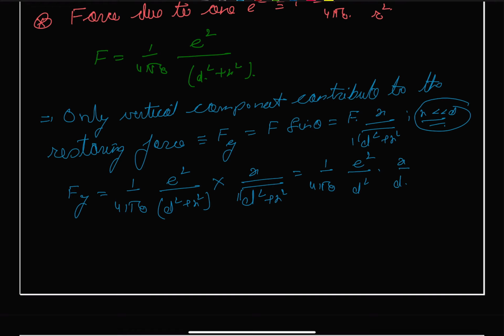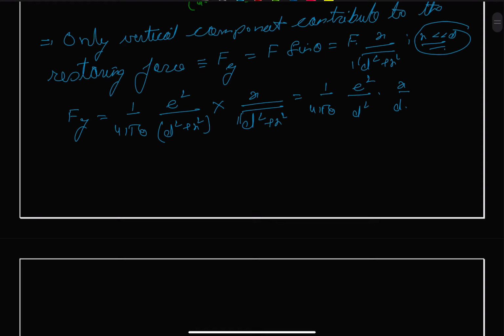So we get F of y is equal to 1 upon 4 pi epsilon naught, and here we have e square x upon d cube.